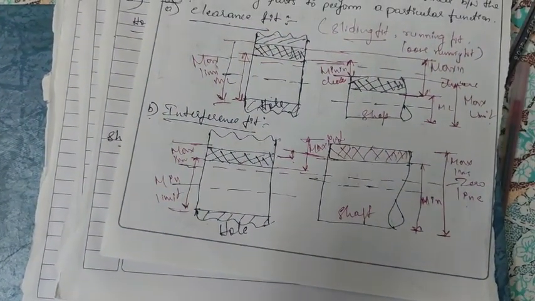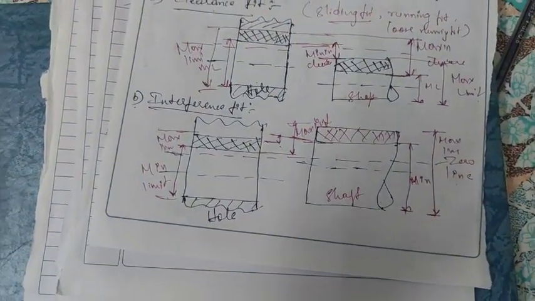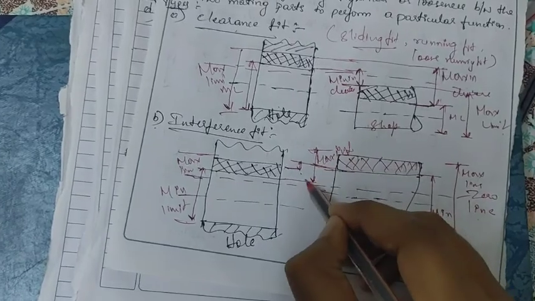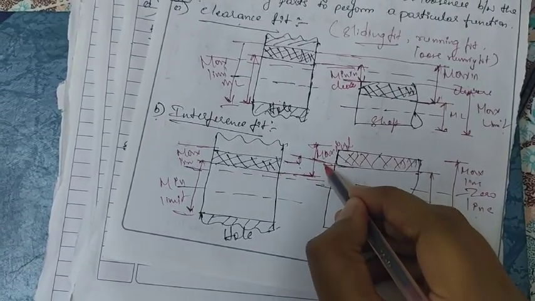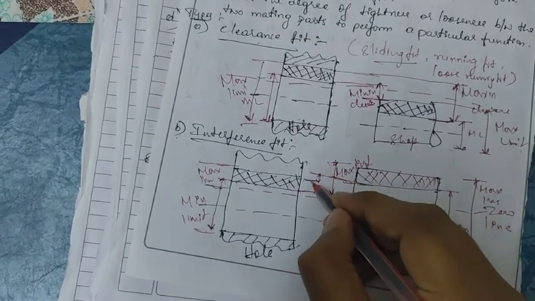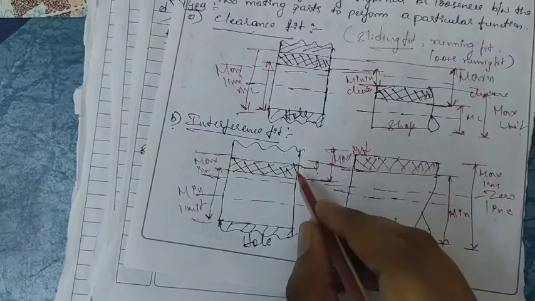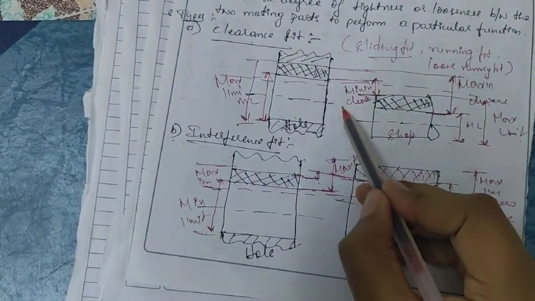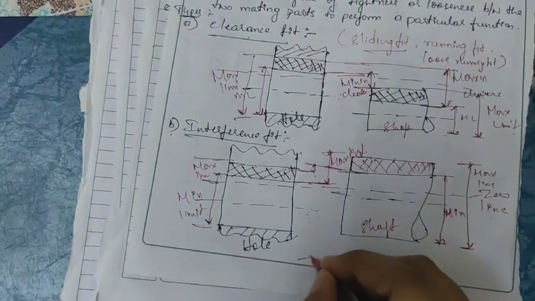Okay, the negative difference between the maximum limit size of the shaft and the minimum limit size of the hole, from here to here we can call the maximum interference. And the negative difference, one thing you can easily understand: here it is the positive difference in the clearance fit, while here you are dealing with the negative difference.